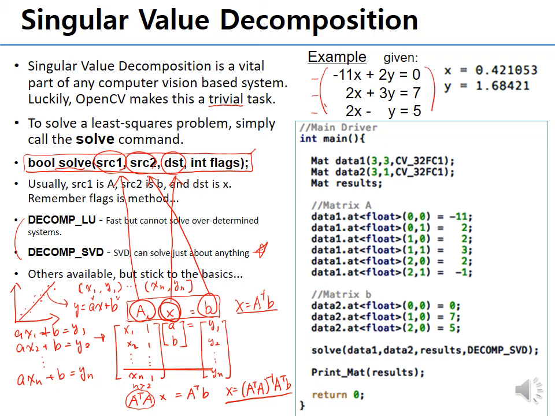In this example, we can express this equation using matrix form: -1, 1, 2, 2, 3, 2, -1, x and y equal 0, 7, 5. This is data 1, and this is data 2.